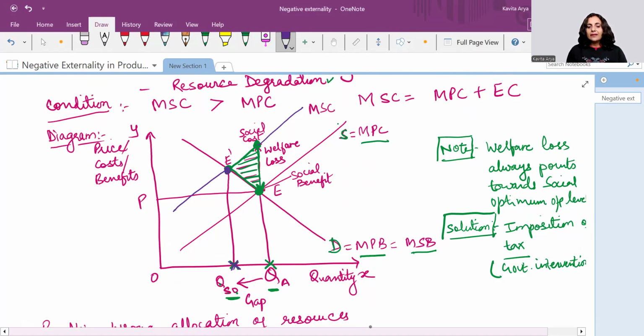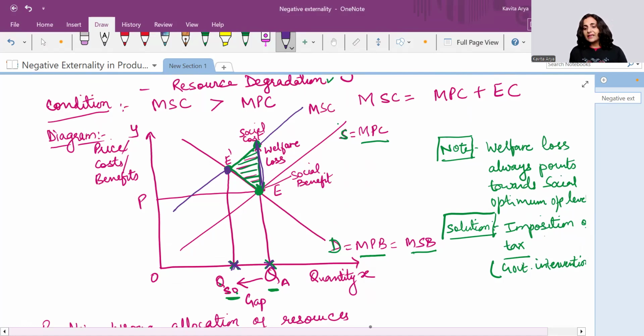And actually allocated quantity is more, QA. So welfare loss was shown by this, and it always points towards the socially optimum level.